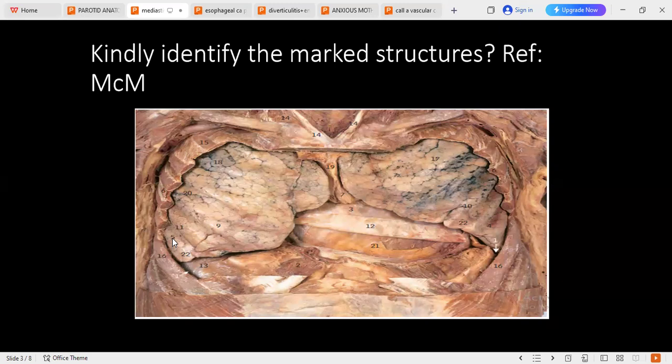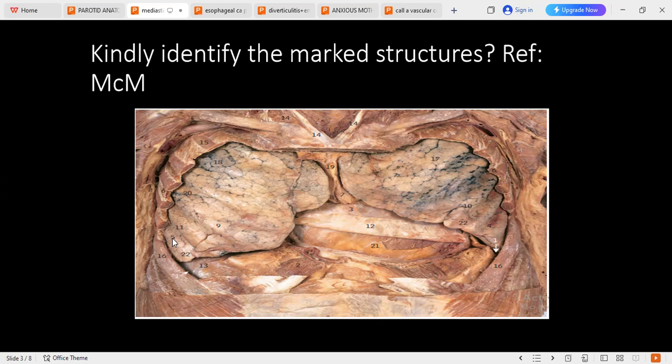Tell me the surface anatomy of the lung. It has the apex, which is at the junction of the medial third and middle third of the clavicle. Then the anterior border starts from the lateral border of the sternum.